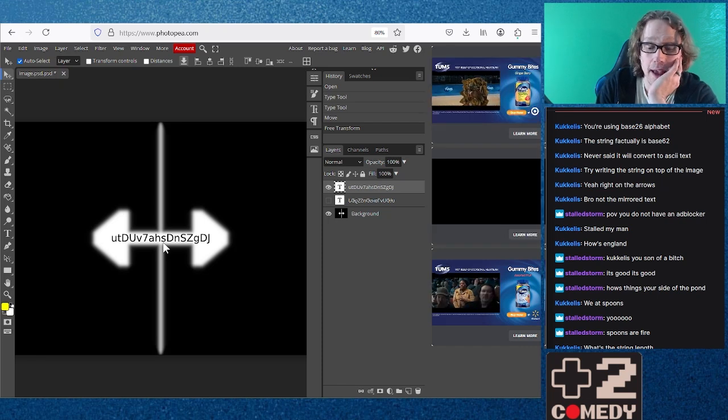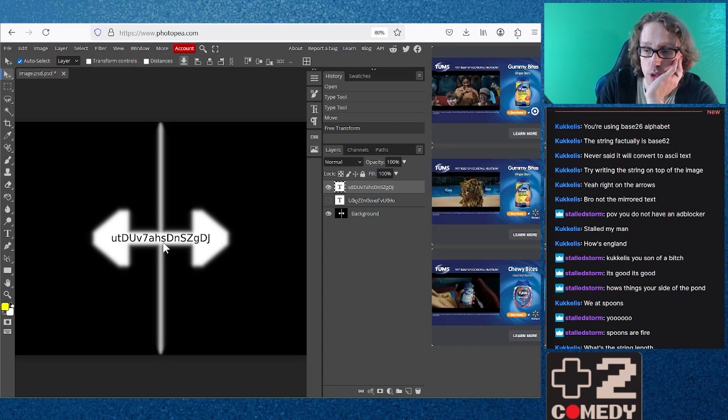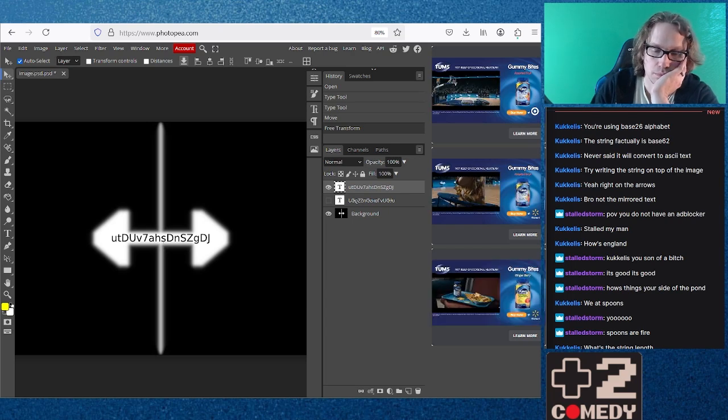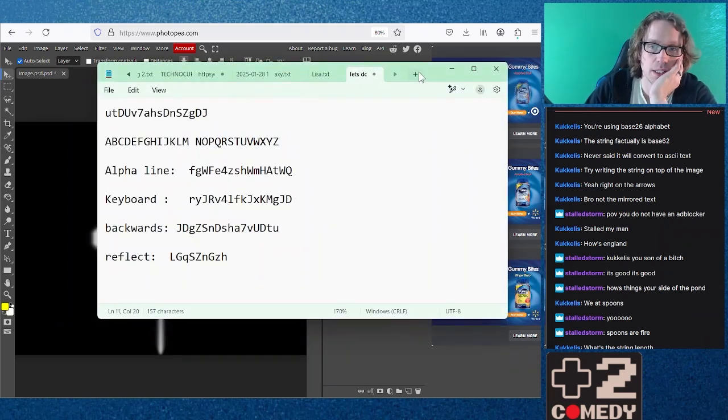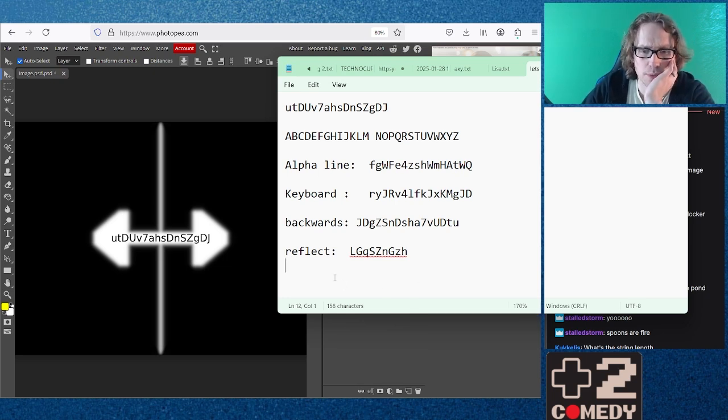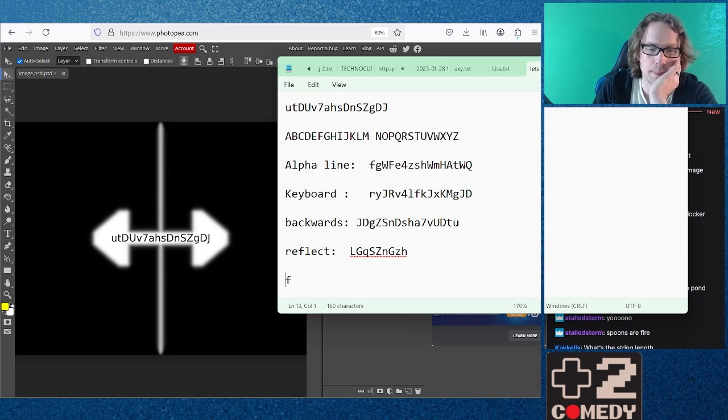I could get an F out of that if it has to do with the keyboard, which actually does split nicely, so let me just do that really quick. I feel like I'm writing this backwards, but we'll try it anyway. So between the S and the H is an F. Again, I don't understand the capitals in this then.